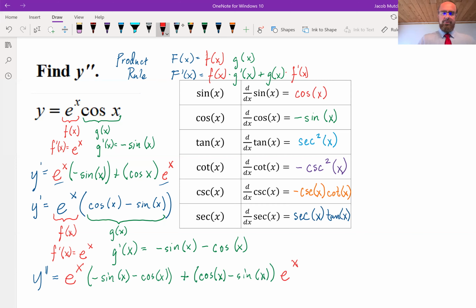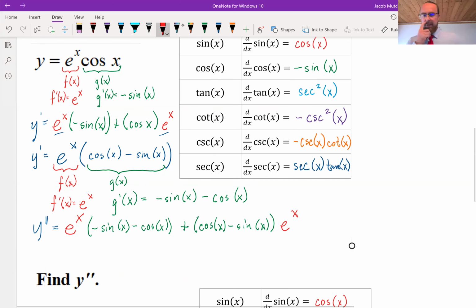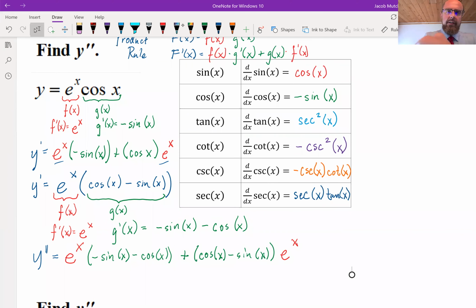And then we should look and see if we've got any possible cancellations there. So I'm going to, again, focus on factoring out this e to the power of x. And then what's left is going to be these four terms. So it's negative sine of x minus cosine of x plus cosine of x minus sine of x.